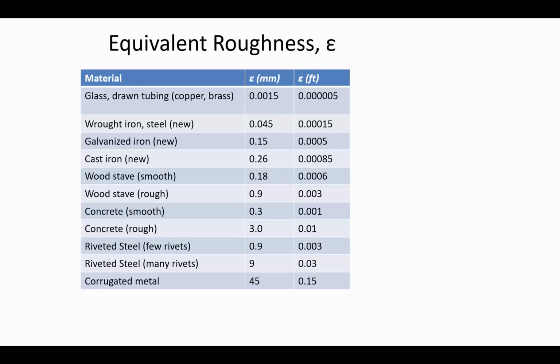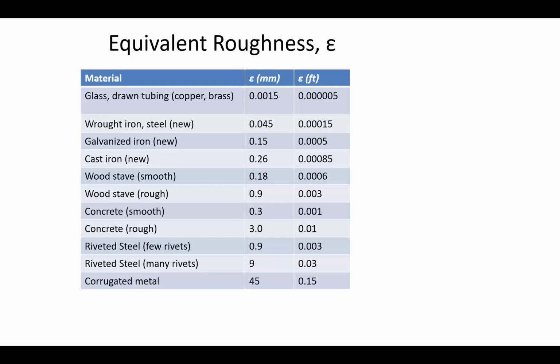So here are some different pipe materials, and you can compare the equivalent roughness of these. What that means is, if you are going to represent the average roughness of a new cast iron pipe, which is made out of cast iron, obviously, right?